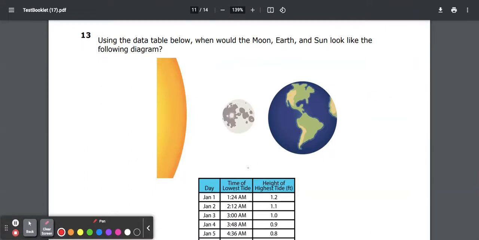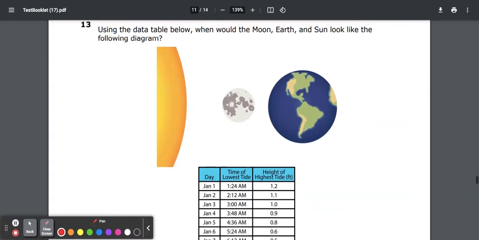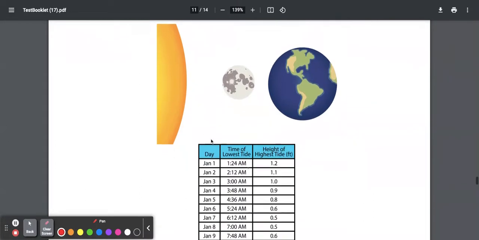Number 13, using the data table below, when would the moon, Earth, and sun look like the following diagram? So I have a new moon here. To me on Earth, it would be completely dark, although they did not shade anything here, so it's just showing a moon. And I know that in a new moon or a full moon, I have the highest tide.